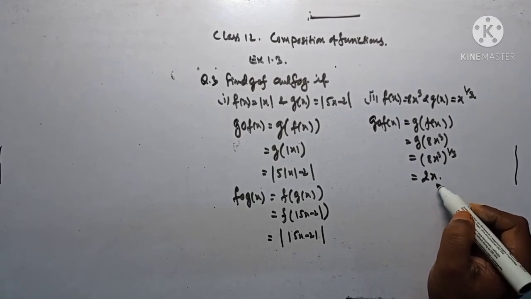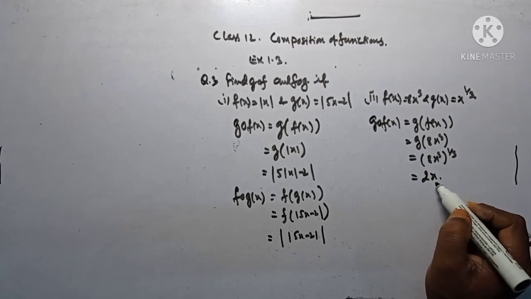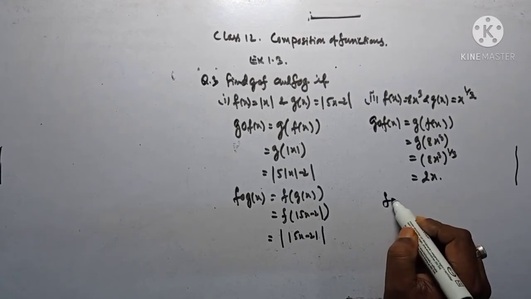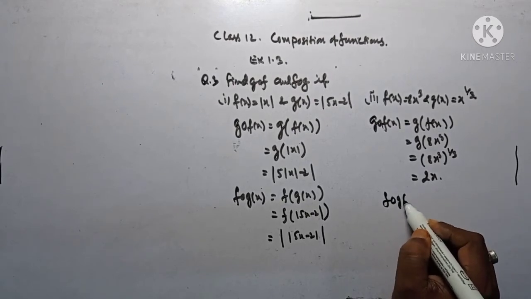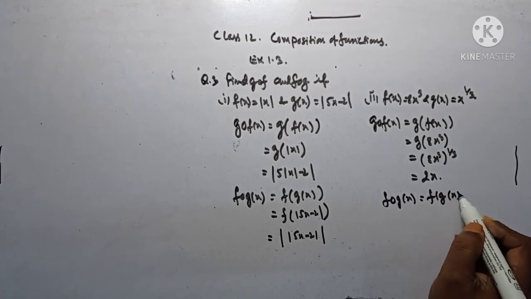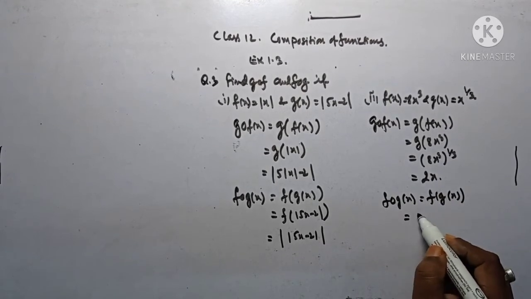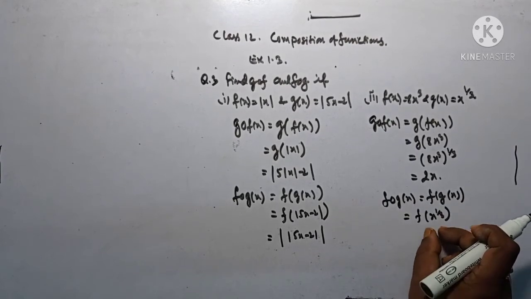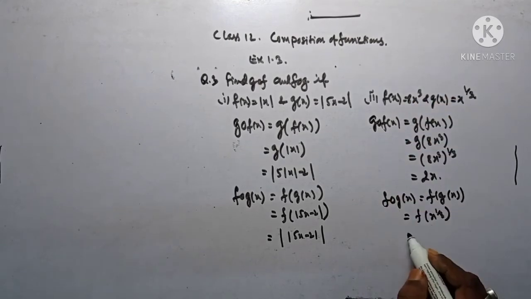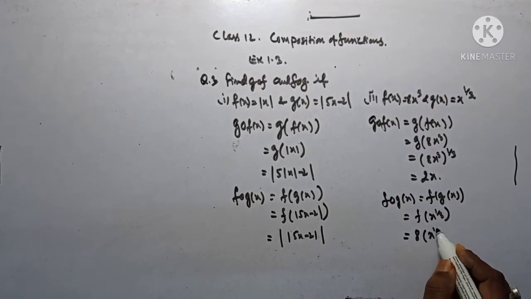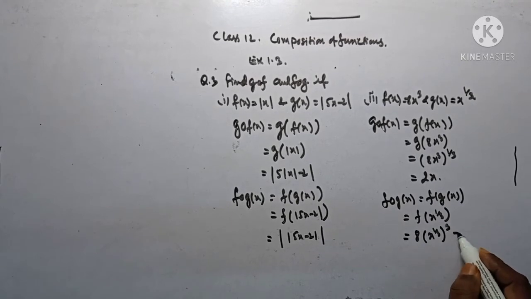Similarly, you can find f o g. f of g(x), where g(x) is x to the power of 1 by 3. Now you put the value of x in this, so this will be 8 times (x to the power of 1 by 3) cubed, so this will be 8x.